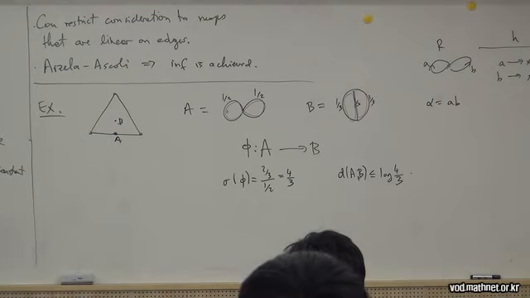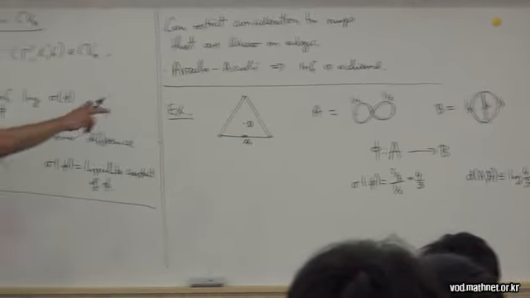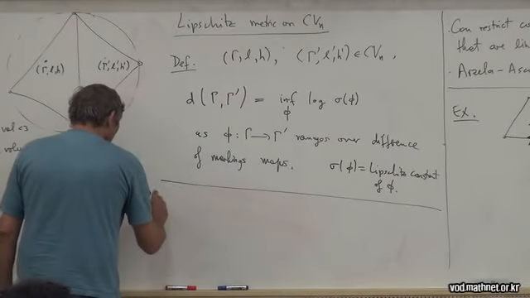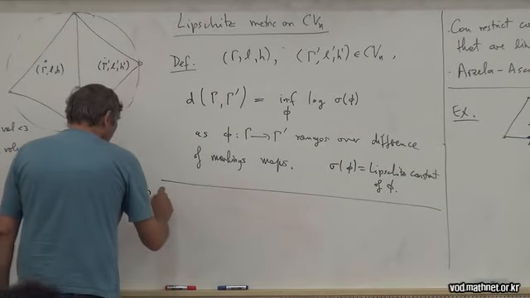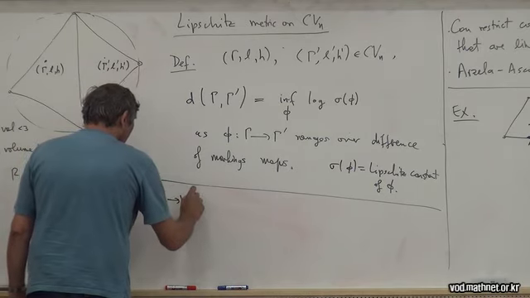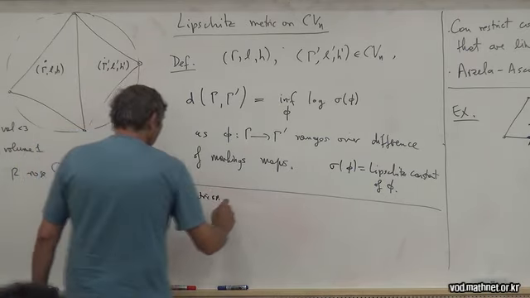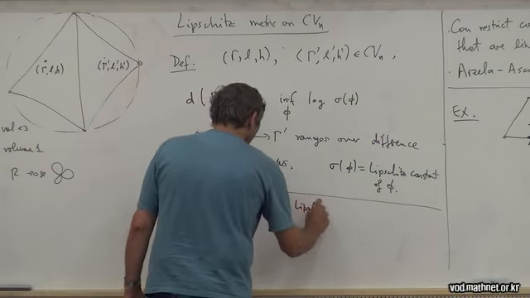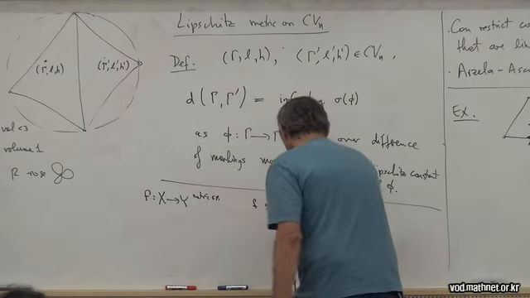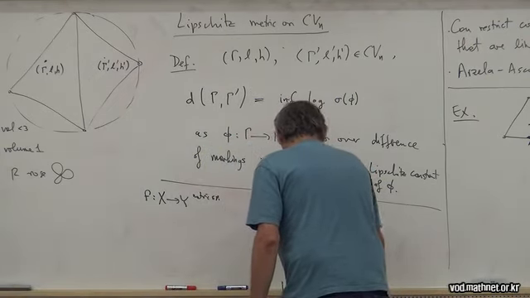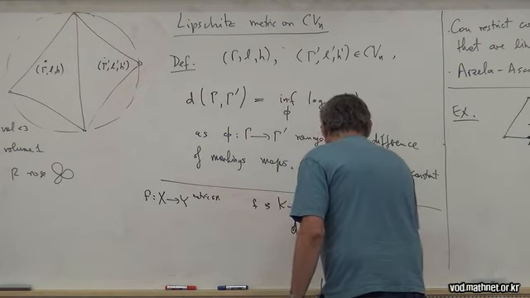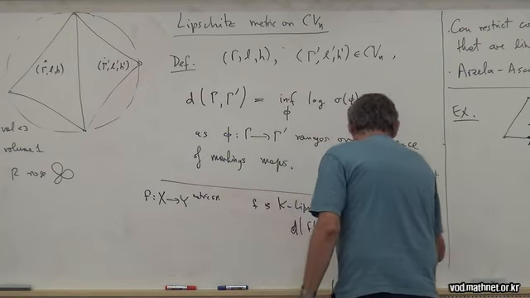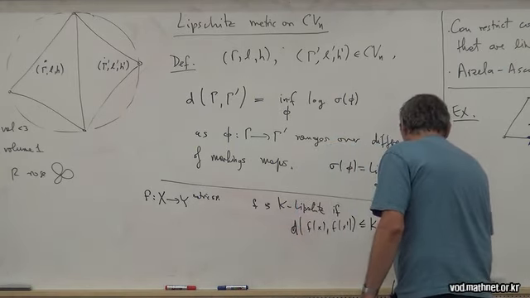But okay, what's the Lipschitz constant? In this case, it's just the largest slope on any edge. But in general, if you have a function from X to Y, these are metric spaces, then you say that f is k-Lipschitz if the distance between f of x and f of x prime is less than or equal to k times the distance between x and x prime for every x and x prime.